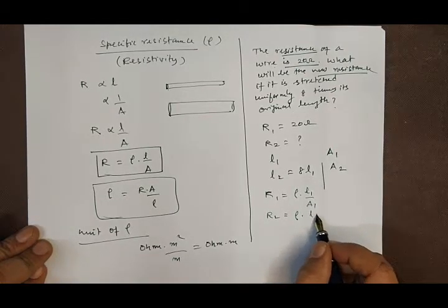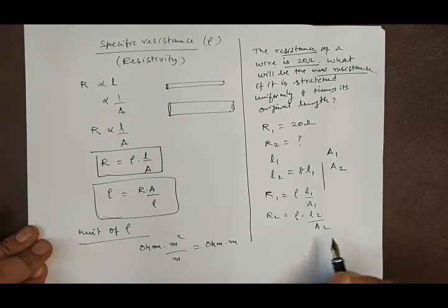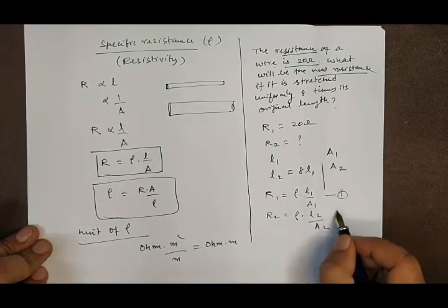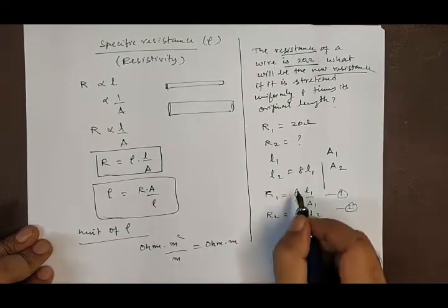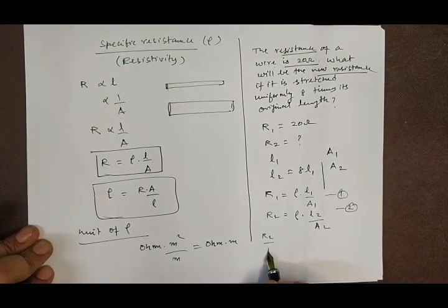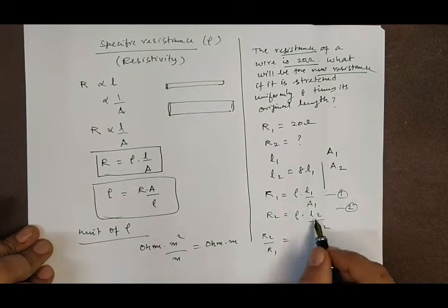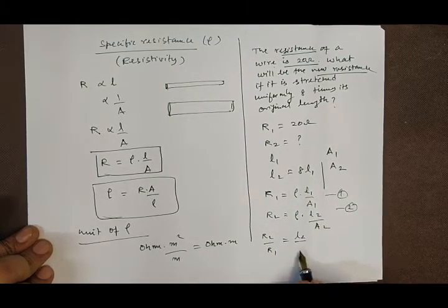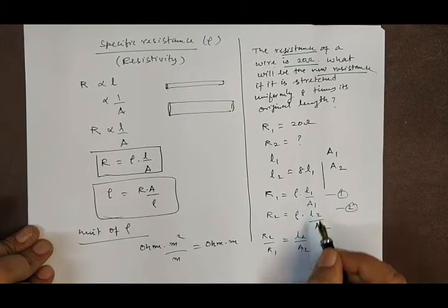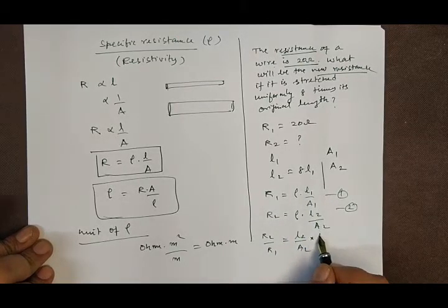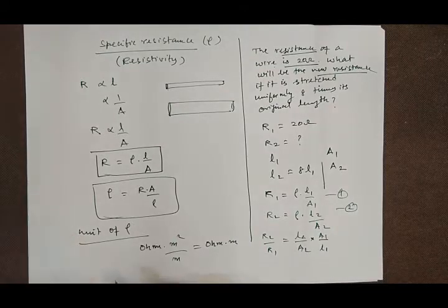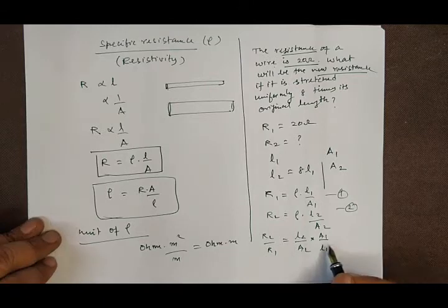So let us find out the ratio between these two. So R2 by R1 is equal to, rho can be cancelled, so we have L2 by A2 divided by L1 by A1. We can reciprocate. So A1 by L1. Okay. Right.